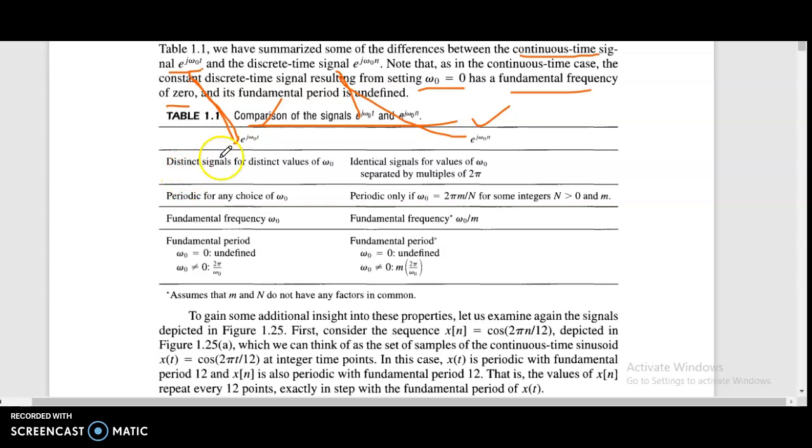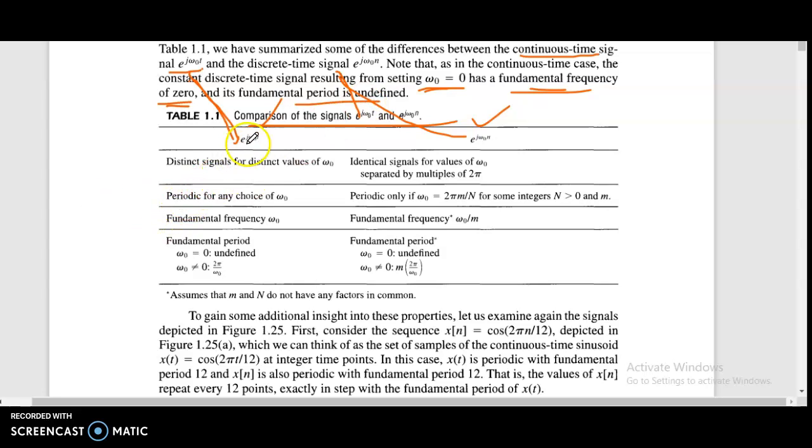In the discrete-time case, when ω₀ is 0, the fundamental frequency is also 0 and the fundamental period is undefined. This is a very important point.